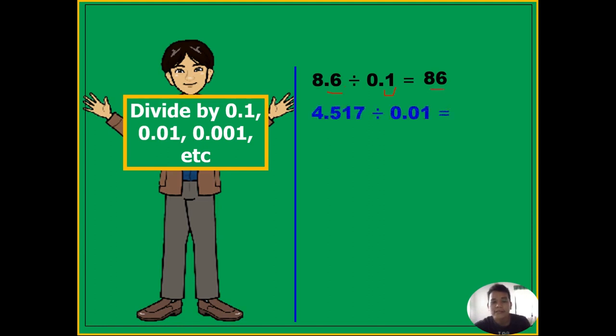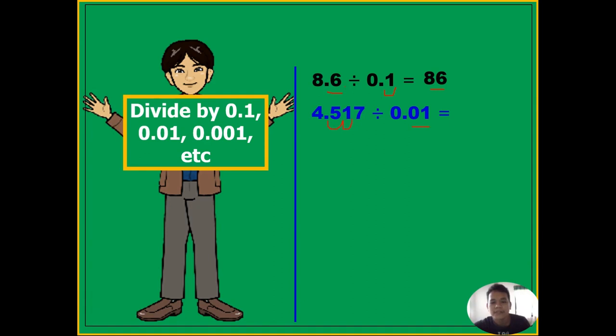Next, 4 and 517 thousandths divided by 1/100. So our divisor here is 1/100. There are two decimal places, so we will move also two decimal places here, going to the right. 1 and 2. So here is our decimal point.